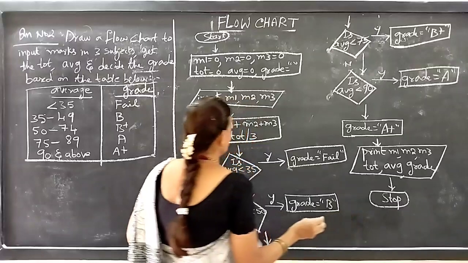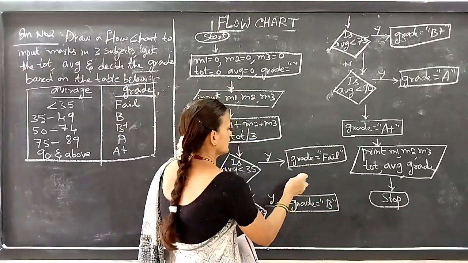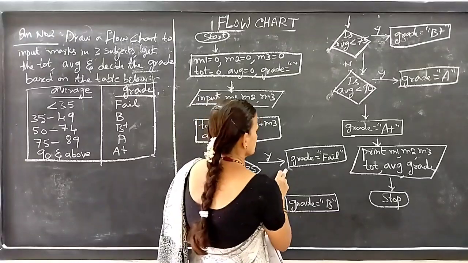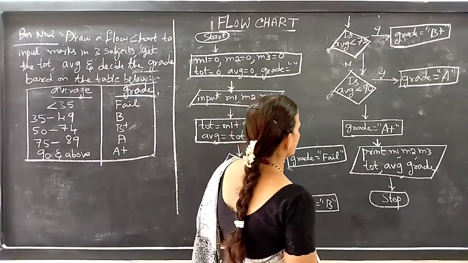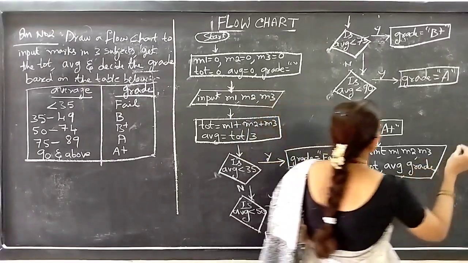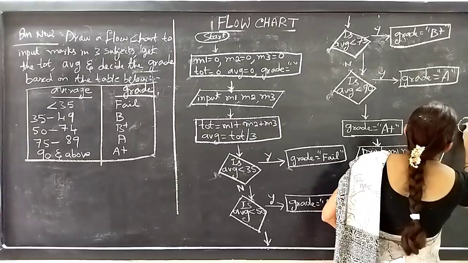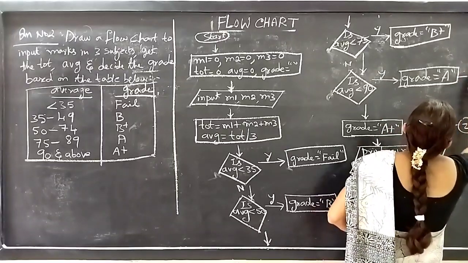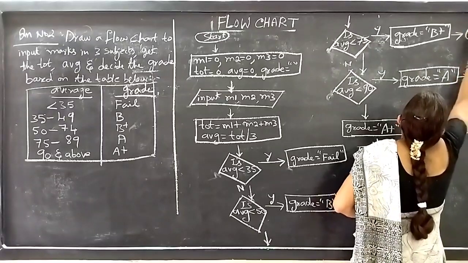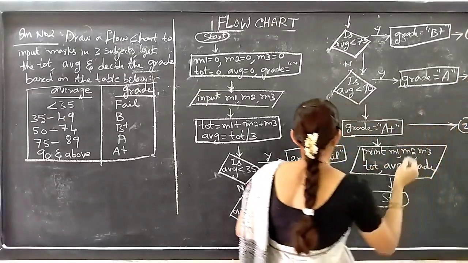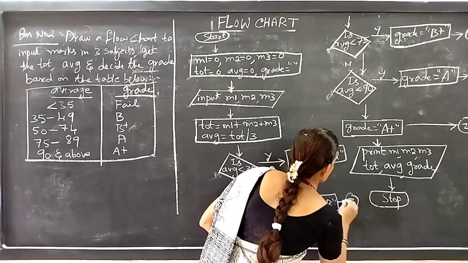Okay, now here these results are written in the process box and they should be connected. So here we should write a connector symbol, and this is also a connector symbol. Here also one connector symbol, joined with the other connector symbol.